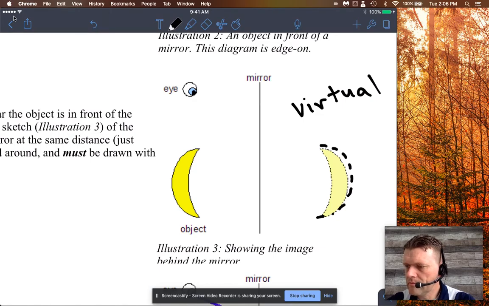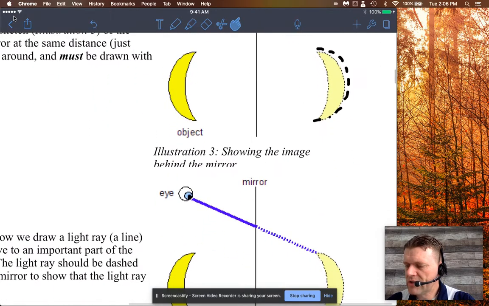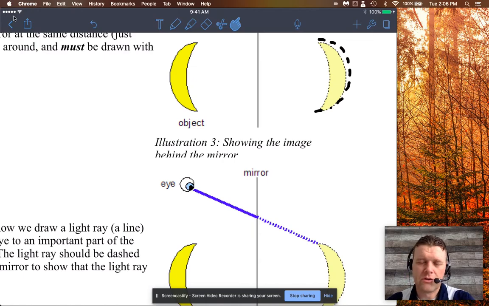So to know where that is exactly, we could draw what's called a ray diagram. And ray diagrams just show the direction or the pathway that light could take. Obviously, there's infinite paths that light can take, but for these ray diagrams, you just pick the easy ones, the ones that make sense.